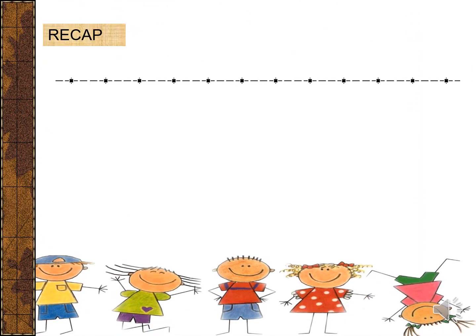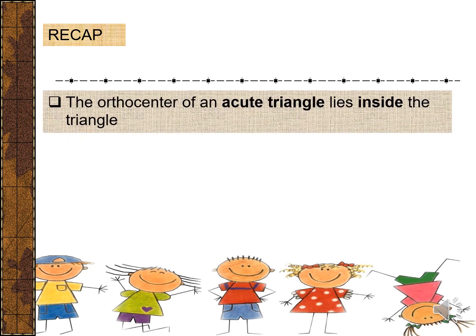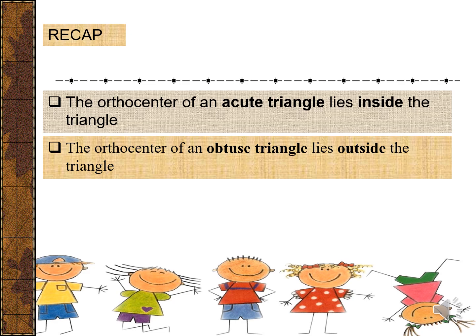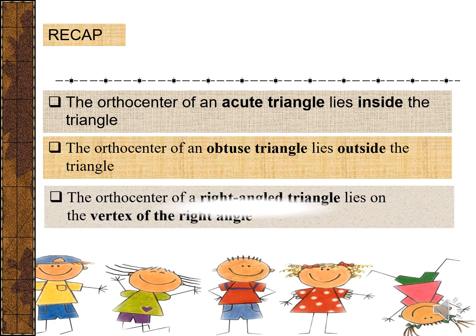Another recap for the orthocenter. We already discussed that the orthocenter of an acute triangle lies inside the triangle, the orthocenter of an obtuse triangle lies outside the triangle, and the orthocenter of a right-angled triangle lies on the vertex of the triangle.